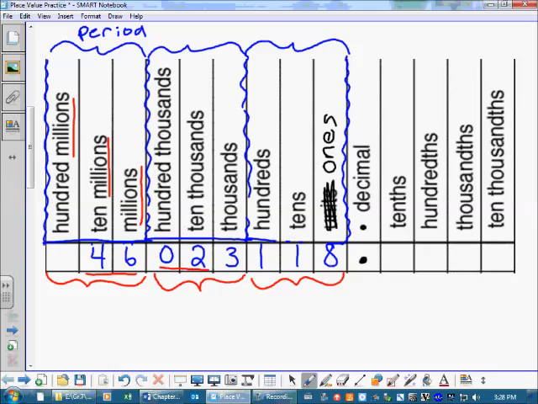And what's this number here? 23. We don't have to read the 0 because it has no value right there. There's no 100,000, so there's nothing there. So we just read it as 23. And what group are we in? Thousands. Then 118. So let's read that one more time. 46,023,118.